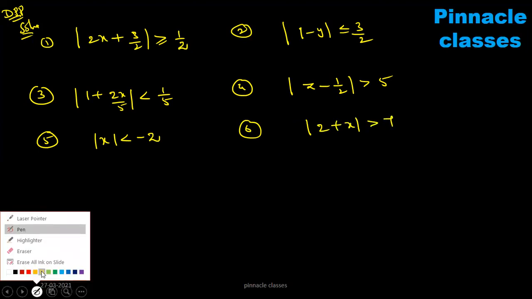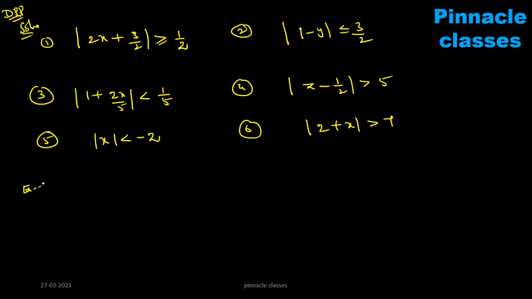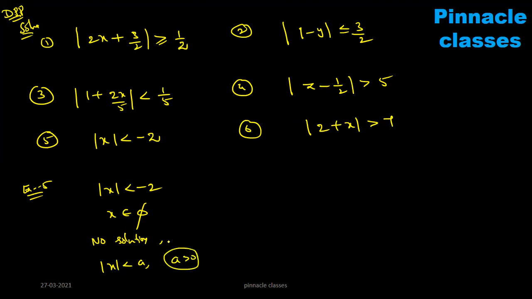So in this case, I'm explaining example 5. Modulus of x less than minus 2, what is x here? No solution. Why? Because modulus of x less than a requires that a should be positive. But here a is given a negative value. So modulus of x cannot be less than a negative value.